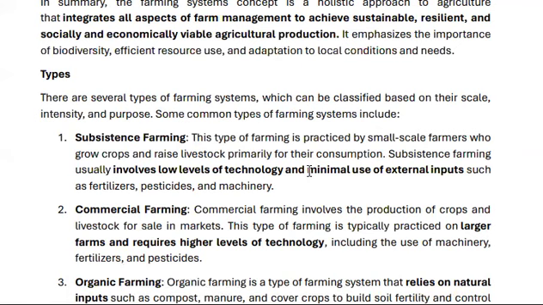So ang subsistence farming ay small scale wherein we can grow crops and raise livestock mainly for the farmer's own consumption. The next we have commercial farming. Commercial farming is on a larger scale, which requires higher levels of technology, gaya ng mga machineries, fertilizers, and pesticides.